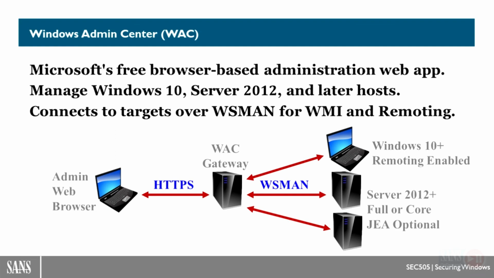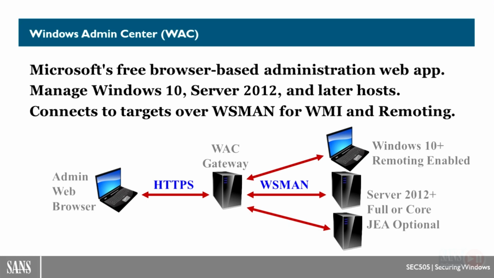And going through that gateway, you now use the WSMAN protocol, that same protocol for PowerShell remoting and also for WMI, to talk to your Windows 10 workstations and your Server 2012 and later servers. For example, those servers could be Server Core, so they don't have a full graphical interface, but we can still manage them through a friendly graphical tool in our browser.